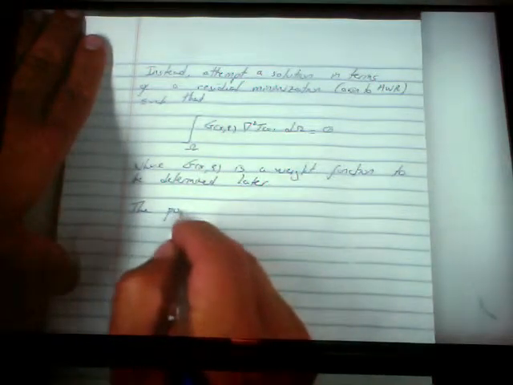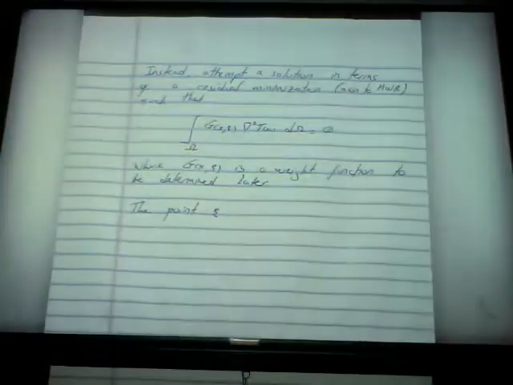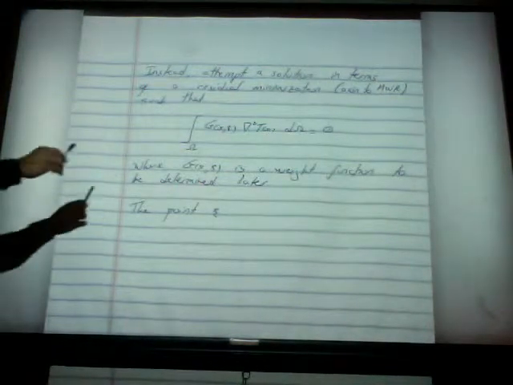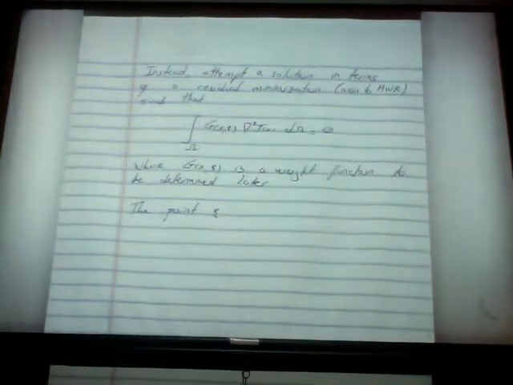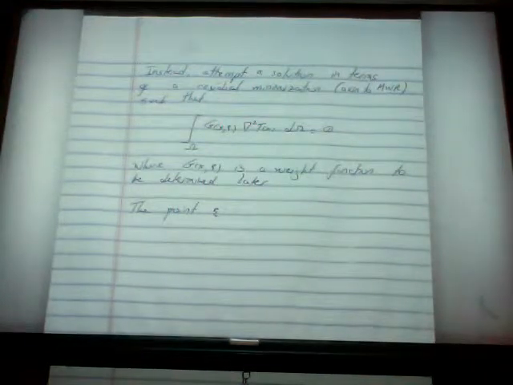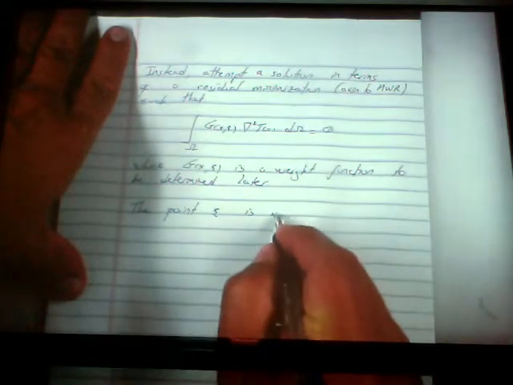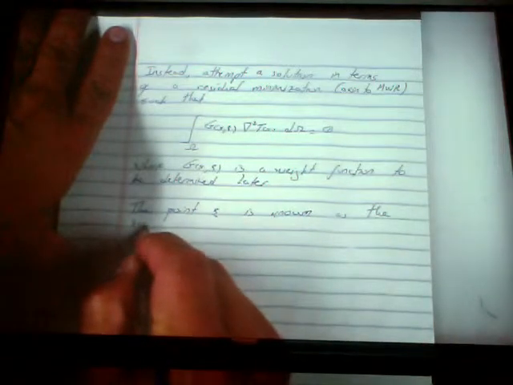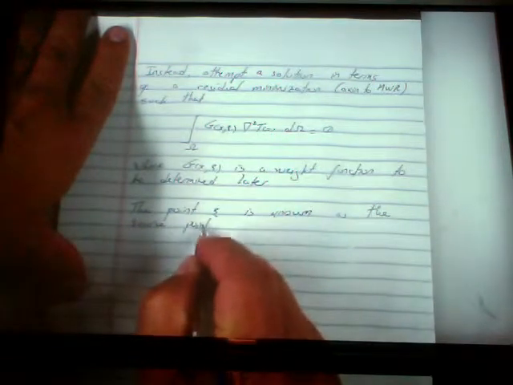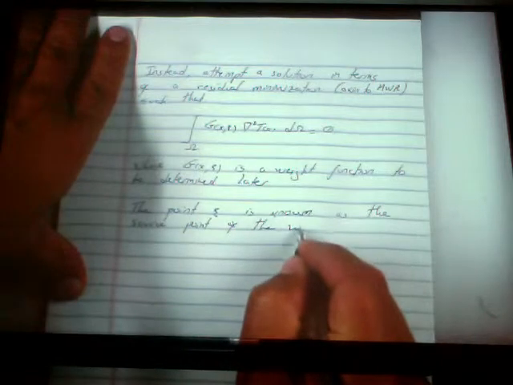Remember that x implies x, xy, or xyz depending on how many dimensions we have. If we're working in 3D, then x is xyz. For brevity, for the sake of space, I'm not explicitly writing all the dependencies. It's just x, space. So the point Xi is known as the source point of the weight function.